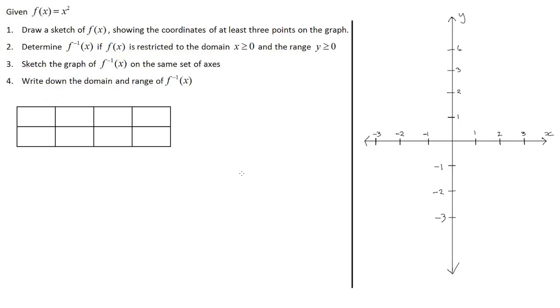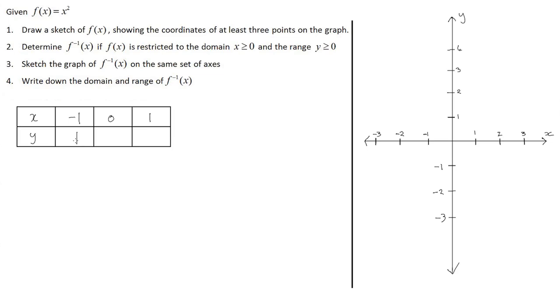To do that, I do have my table here, so we have our x values and then we will have our y values. For the 3 points, let's use -1, 0, and 1. If x is -1, then of course my y value will be 1.